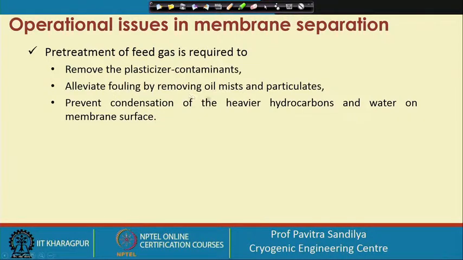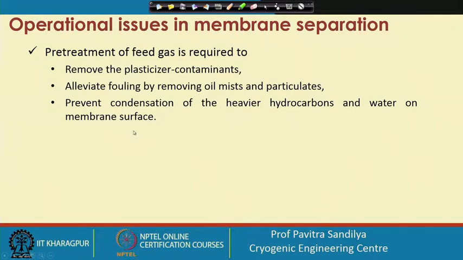For example, we can remove the carbon dioxide or water and then alleviate fouling by removing the oil mist and the particulates. As we learned earlier, fouling means the deposition of undesirable components on the membrane surface, which will prevent the diffusion of the solutes to the membrane. So we need to prevent the fouling.